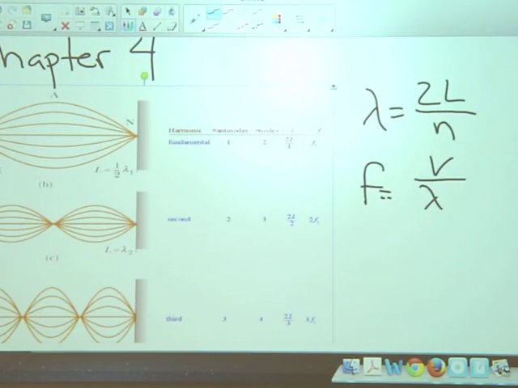If, for example, my fundamental frequency was 200, f2 is going to be 400, f3 will be 600. So in terms of my string, I am going to get every harmonic, and they're all going to be multiples of the first harmonic.